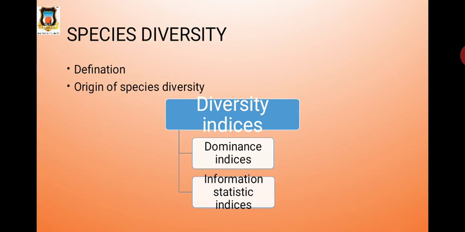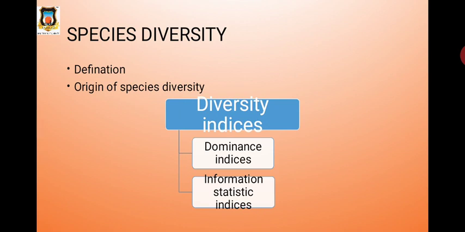The diversity indices. A diversity index is a mathematical measure of species diversity in a given community. The area with the highest number of species is considered highly diverse. There are two types of indices: dominance indices and information statistic indices.